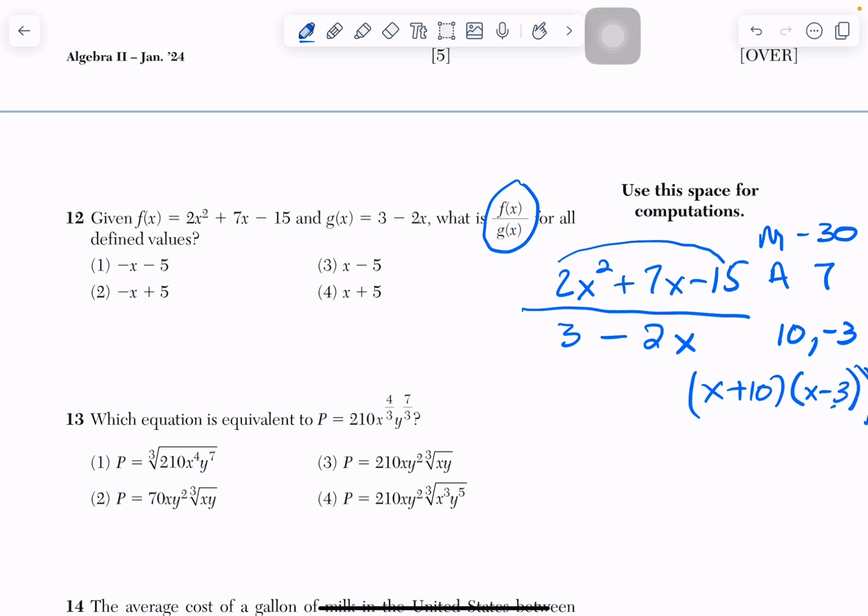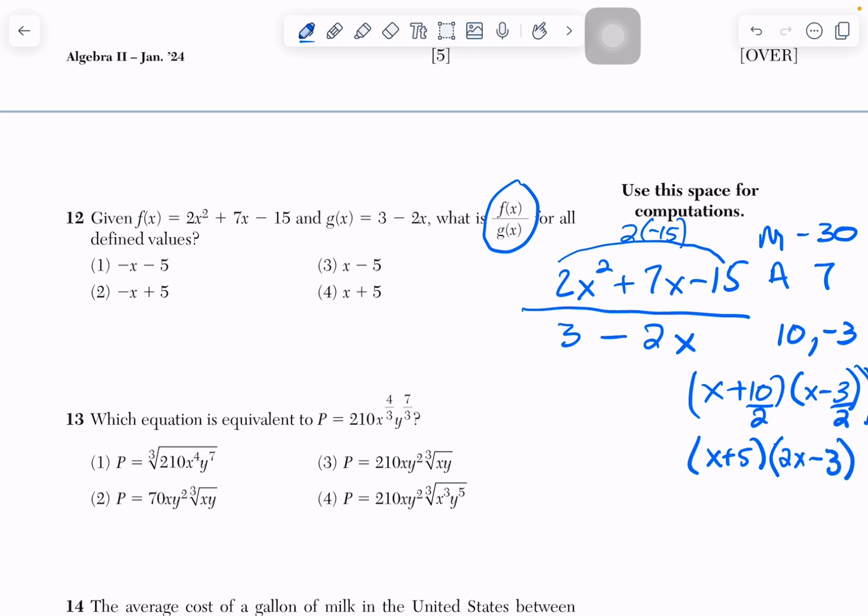We've got to divide both of these by what we multiplied by. We did 2 times -15 here, so now I've got to pay back the 2. So this is x plus 5, and this one is 2x minus 3.